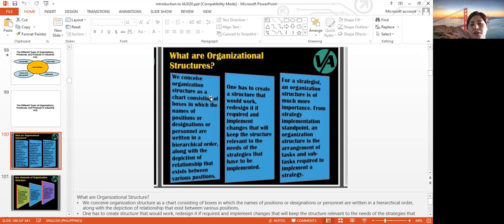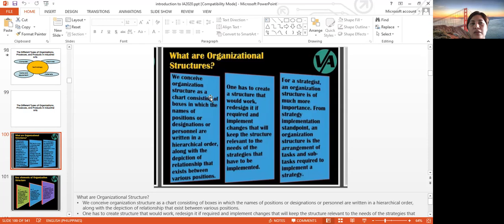Of course, it is the structure, the chart, composed of the different positions, and the chart also tells you the relationship of the different positions.